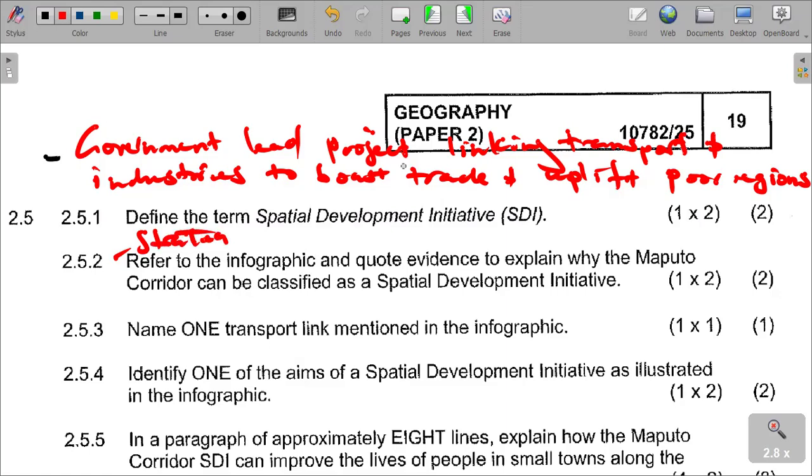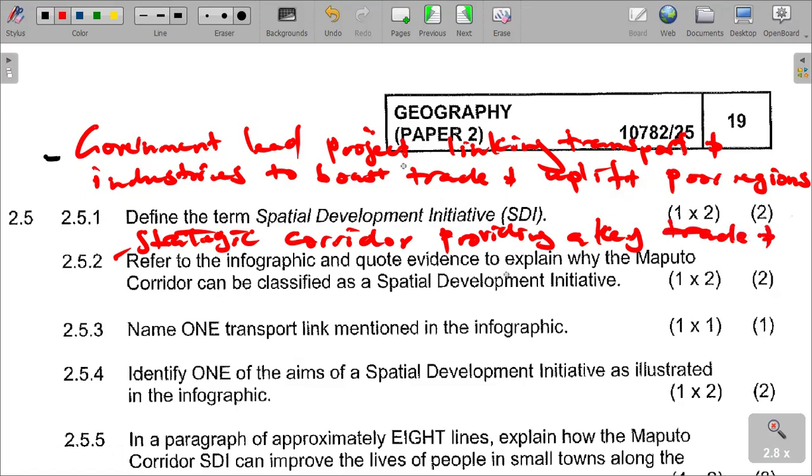It is a strategic corridor providing a key trade and logistic route.